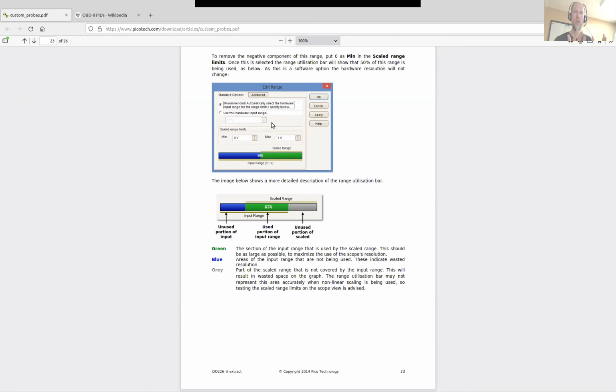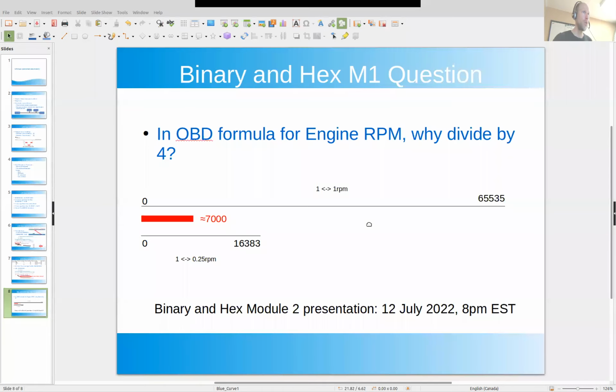And if you do things correctly, you will be using most of the input range of the oscilloscope. But if not, then some portion of the input range is going to be unused, and that will result in decreased precision. All right, so that's it about the topic.